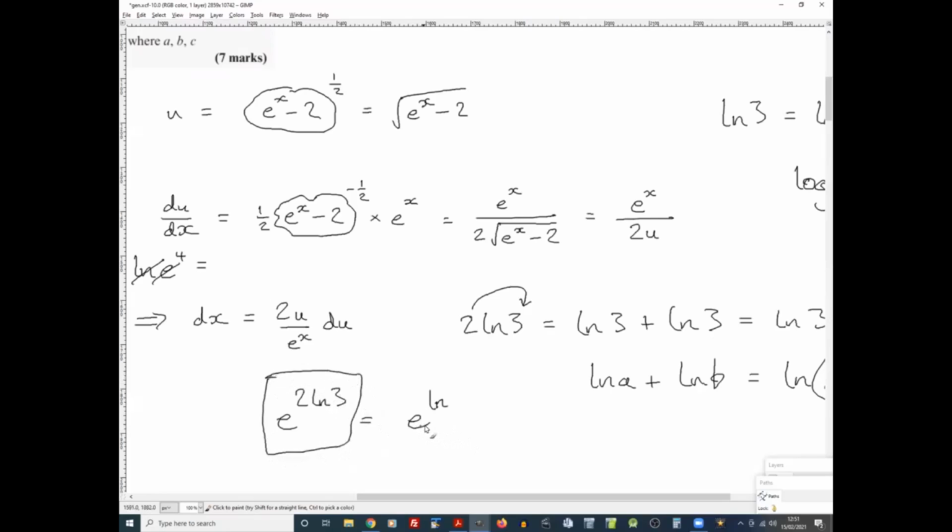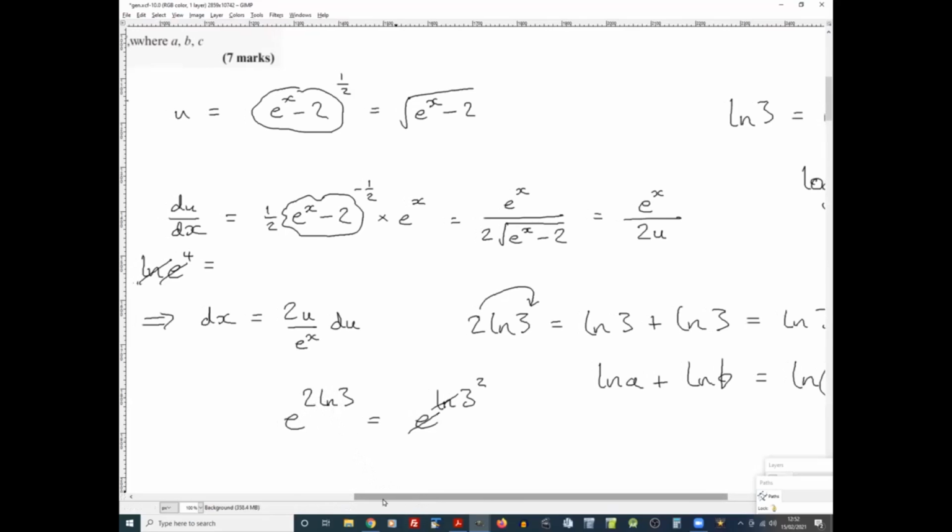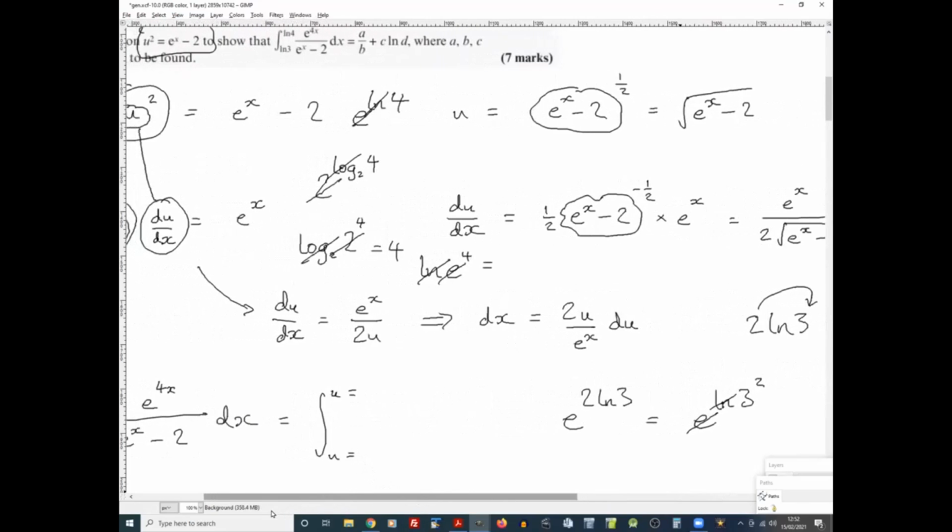We can rewrite it as e to the power of log 3 squared. And then go like that, because you can just bring the squared in front. Okay, so that's a very important technique, which you'll need a lot to be able to see how to do various things.